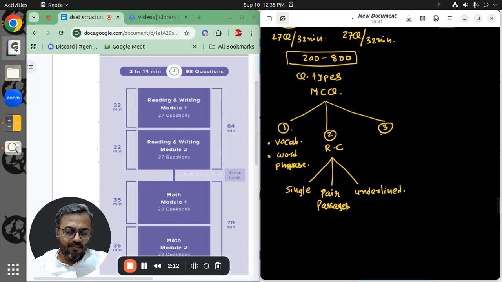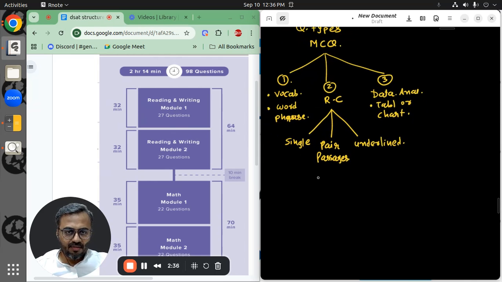Then you have MCQ based on data analysis and interpretation. A table or a chart or combination of both is given, and you have to extract the information from this table and chart and answer the question based on that. So these are the question types which will be there in both the sections.